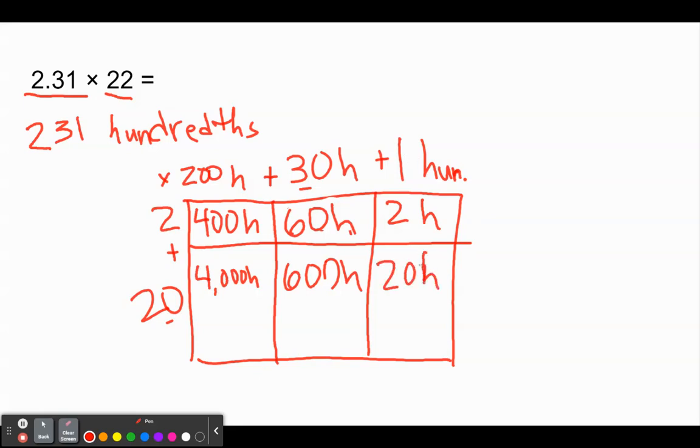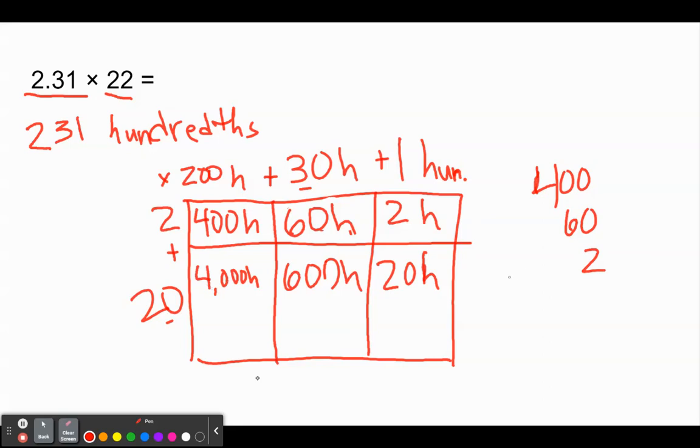Now I have to go ahead and combine everything together, right? So I have to combine 400 with 60 plus 2 hundredths. That's my top portion.